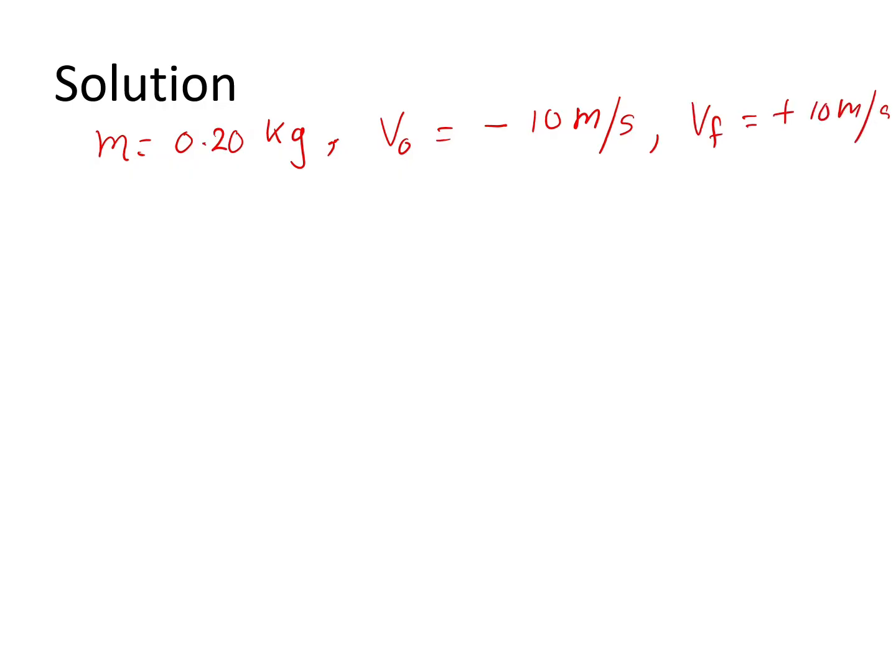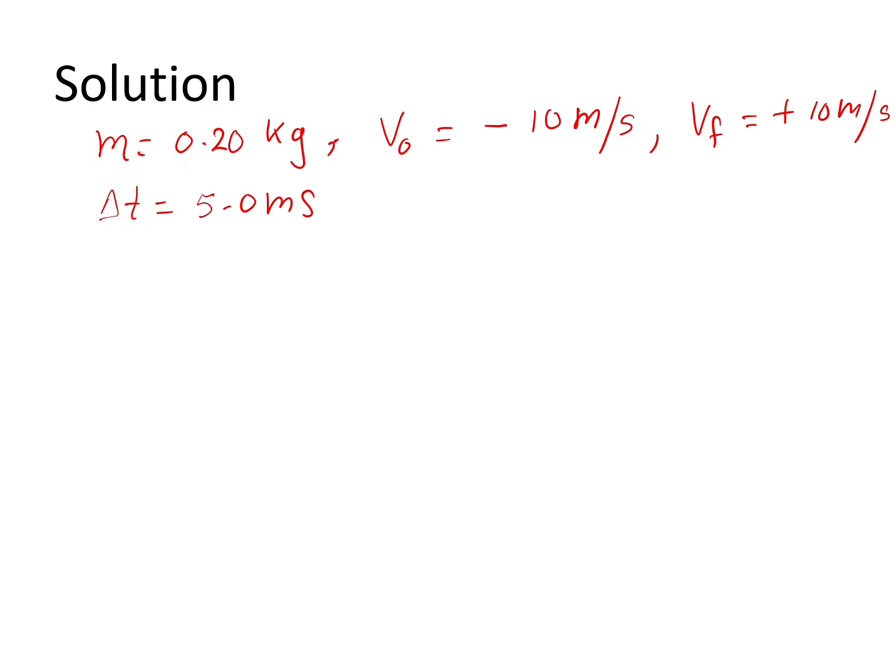We are given the mass of the ball, 0.2 kilograms, the initial velocity, negative 10 meters per second, the final velocity, positive 10 meters per second, and also delta t is 5 milliseconds.